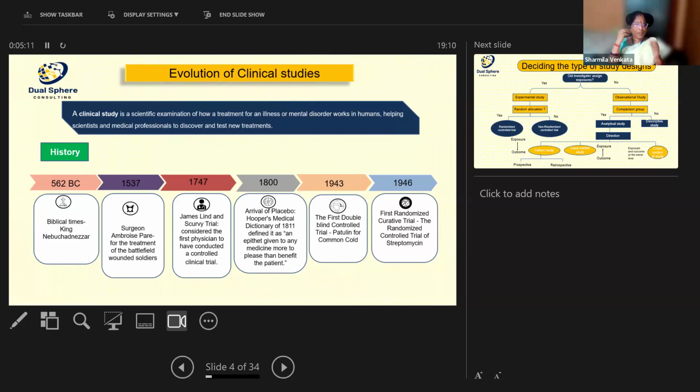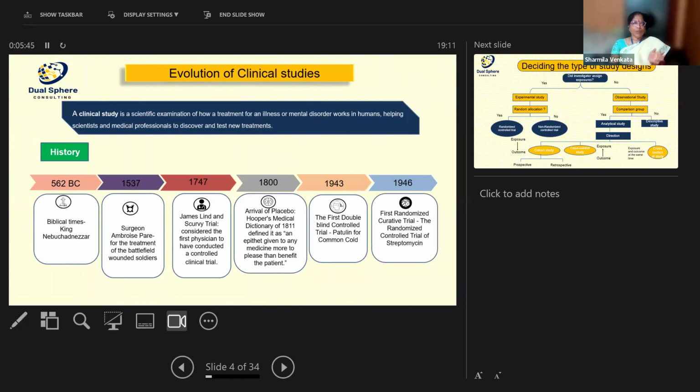Next, if we fast forward to the 20th century, in 1947, the streptomycin trial for tuberculosis was the first randomized controlled trial. Patients were randomly assigned to receive streptomycin or not, removing allocation bias. Soon after, the first double-blind trial was done for patulin in the common cold, ensuring neither doctors nor patients knew who was treated.